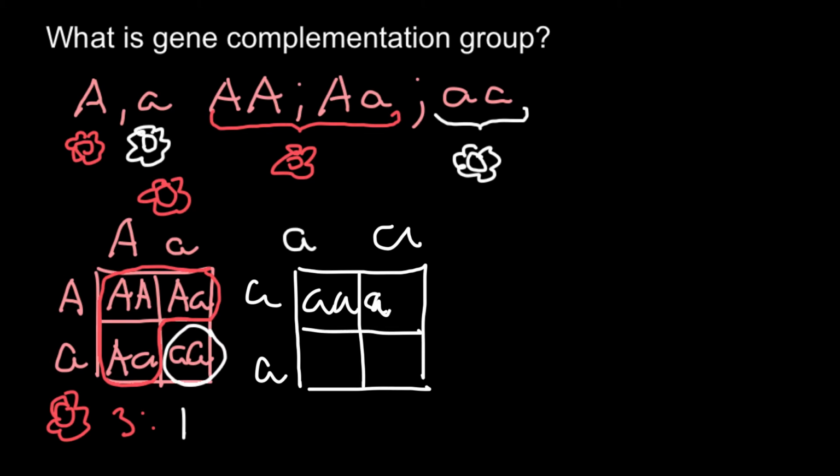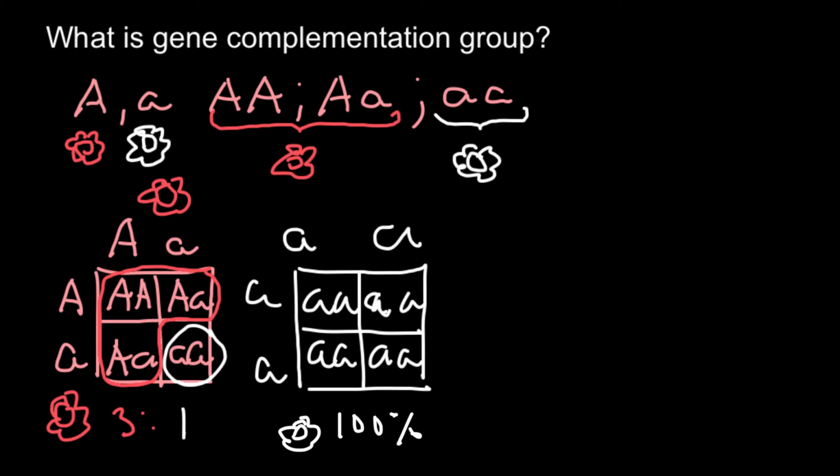So you wouldn't be able to see any variation in flower colors here, because both parents' genotype is two defective alleles that do not produce red pigment. So we would have 100% of the progeny that would produce plants with white flowers.